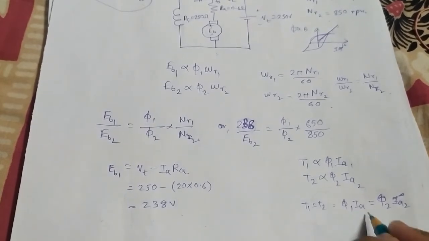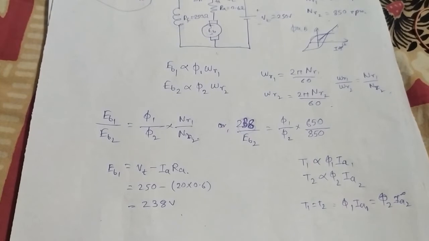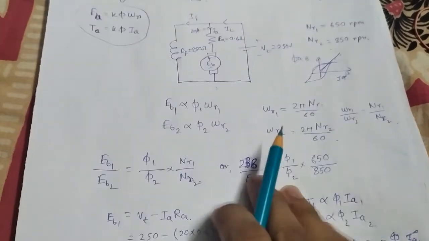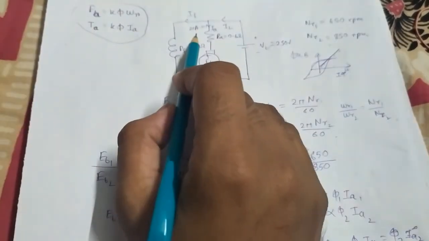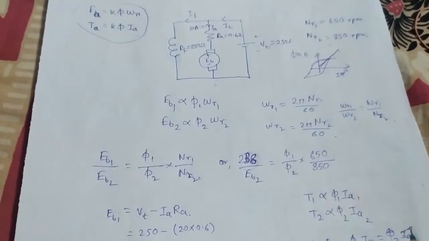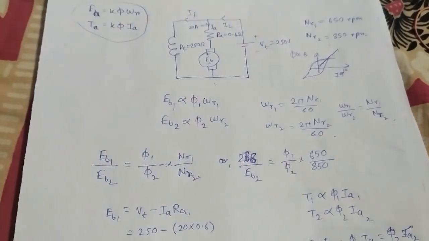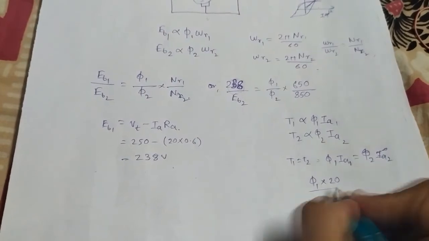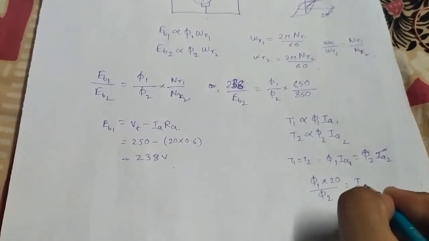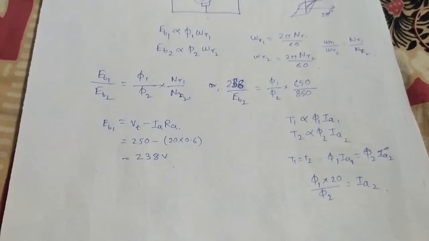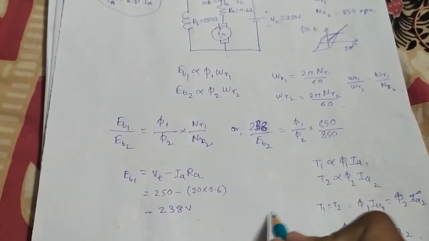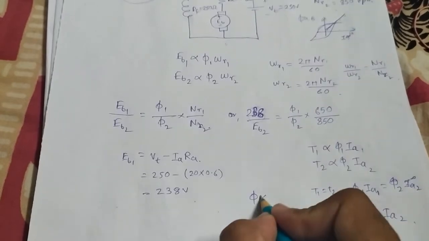So from here we have to derive something. We know the Ia1 value. See, the Ia1 value is 20 ampere, already given. So phi 1 into Ia1, which is 20, divided by phi 2, will be Ia2, right? Now one thing, see, these phi values are varying with If.